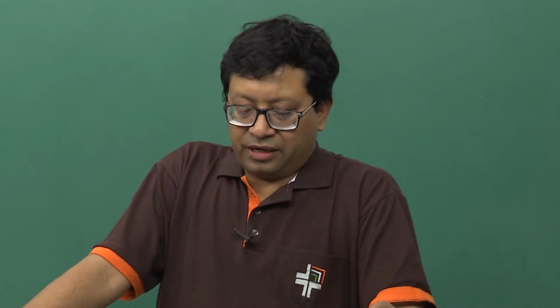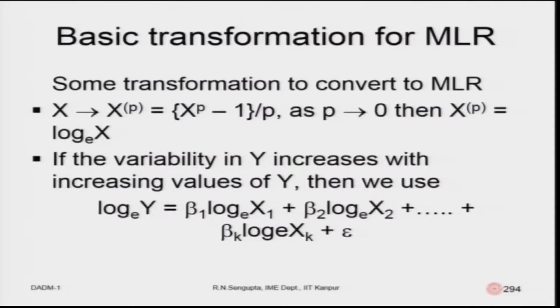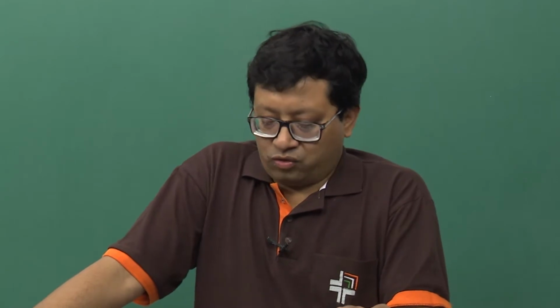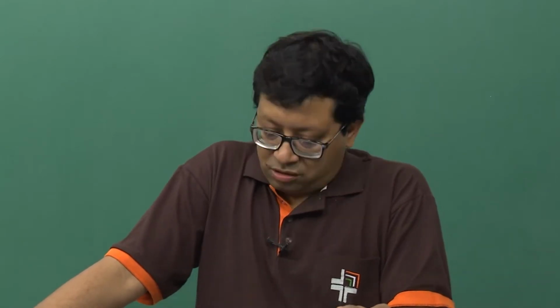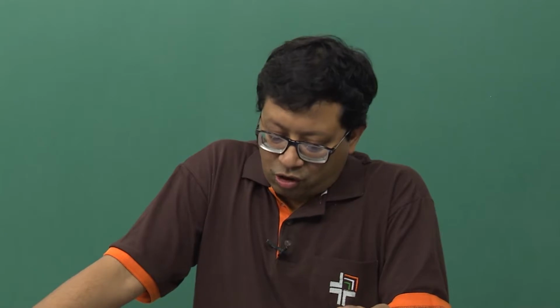Now, if the variability in y increases with an increasing value of y, and you want to bring normality into the data set, forcefully, in the sense that it is for the calculation part and not done in practicality, then you convert the y values or x values, whatever it is, into the log scale.